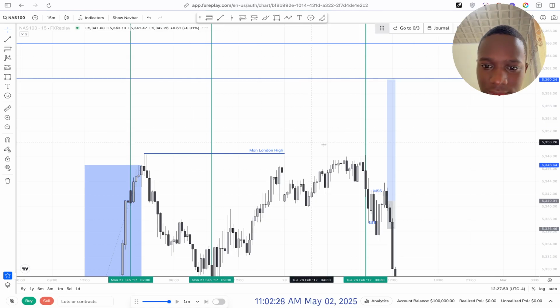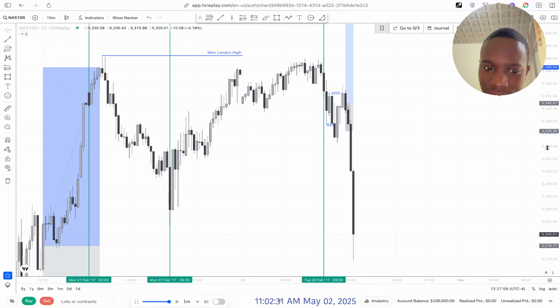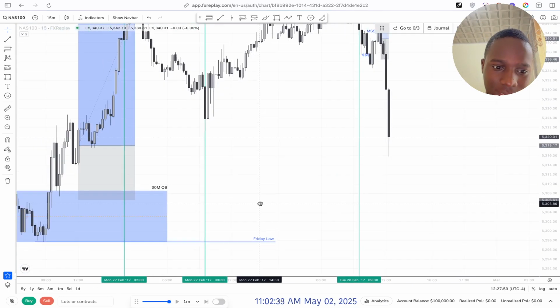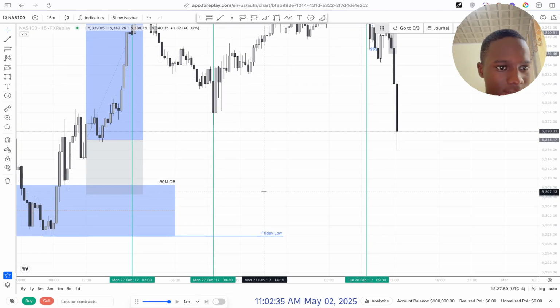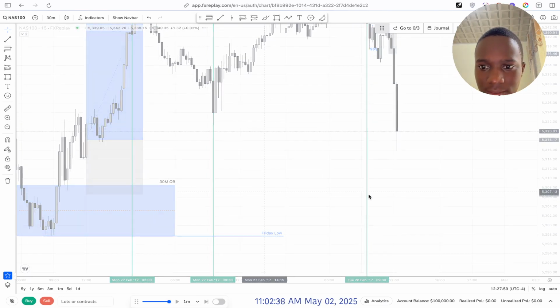Okay, so I'm back to 15-minute. You can see it's dropping like crazy, and probably heading for this liquidity below here. Go to the 30-minute.